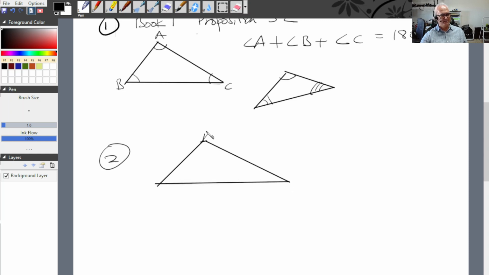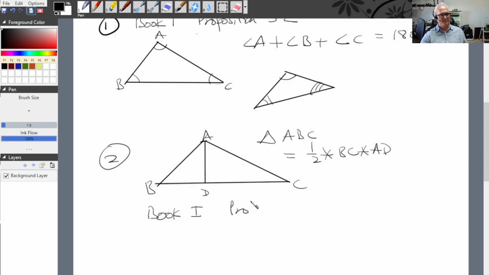So if it is a triangle ABC and I draw perpendicular AD, the area of this triangle ABC will be half of the base and perpendicular. And this is book 1, proposition 41 of Euclid.